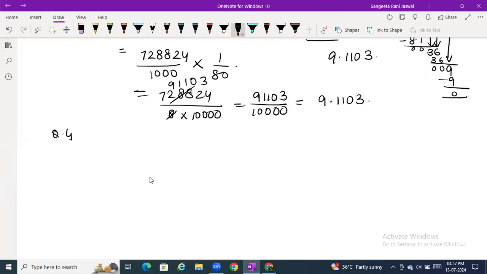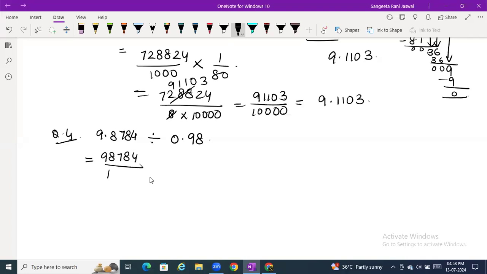Very nice. Okay, now let's take another decimal question where you have both numbers in the decimal form. Dividing a decimal number with another decimal number. So first listen, how do you do in this case? You will just write this decimal number in a fraction form. How many digits are there after the decimal? 1, 2, 3, 4.